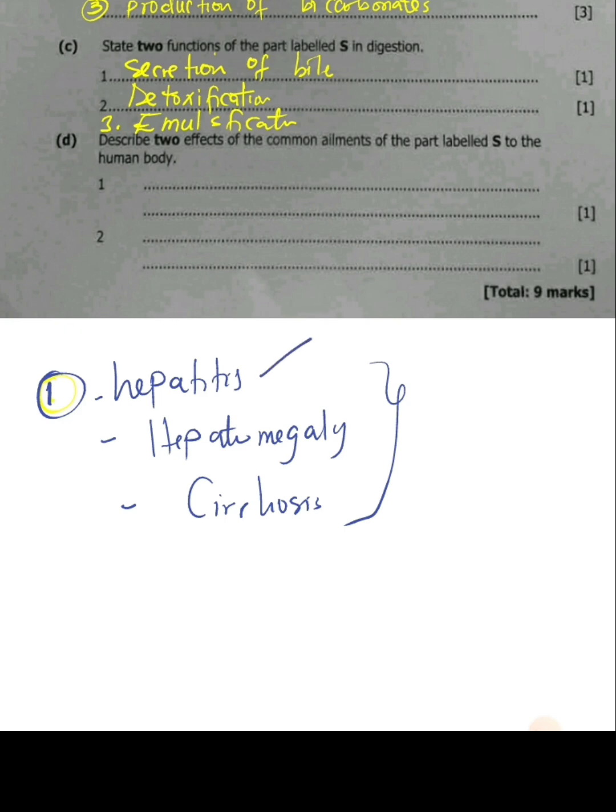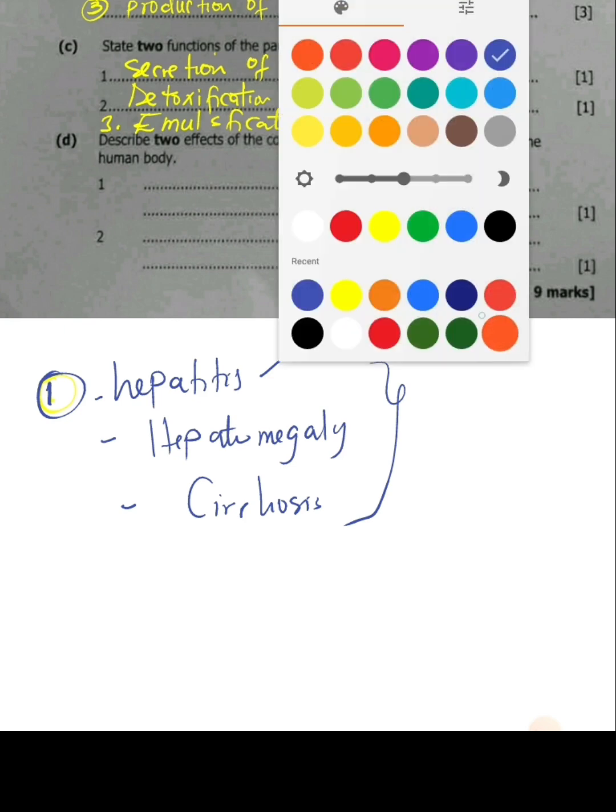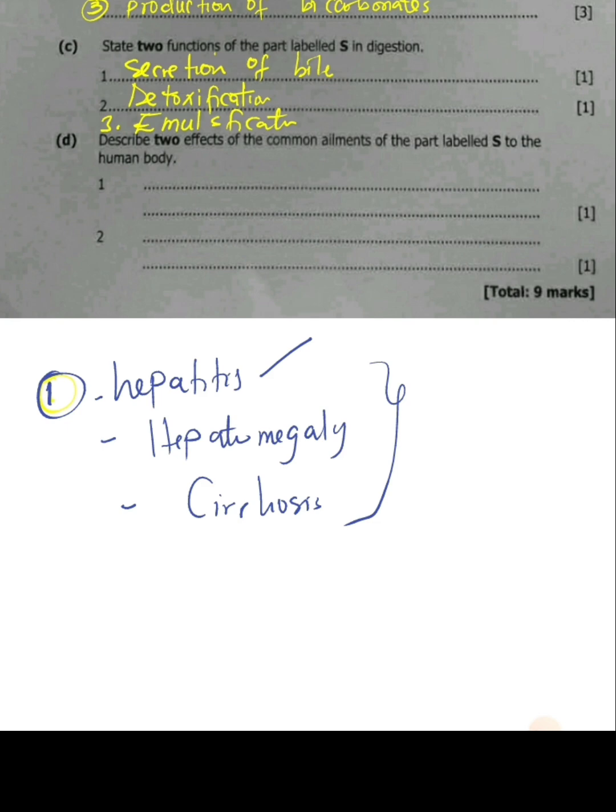So hepatitis causes your liver to be inflamed. So we can come here and say describe the effect of common ailments. Number one, causes inflammation of the liver. This is done by hepatitis.